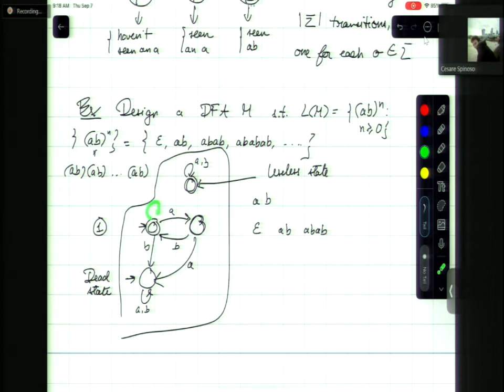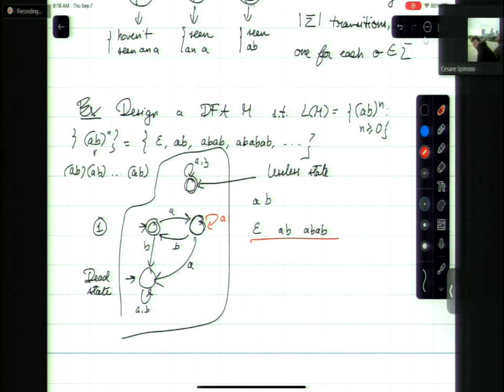Self loop here? Okay, that's actually a very good question. So the question was, why can't we just put a self loop on this A here? The reason is that you would still accept these strings, but you would also accept other strings which you shouldn't accept.